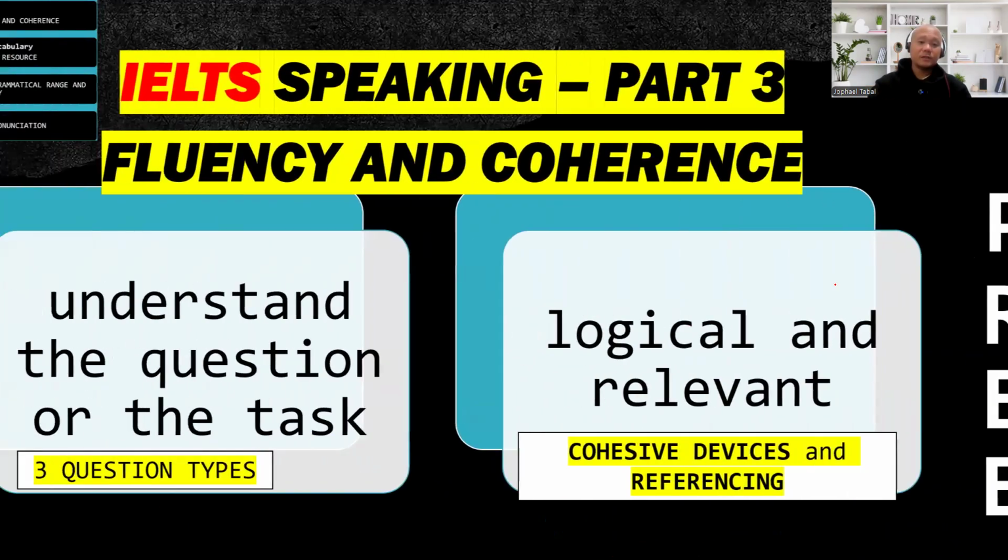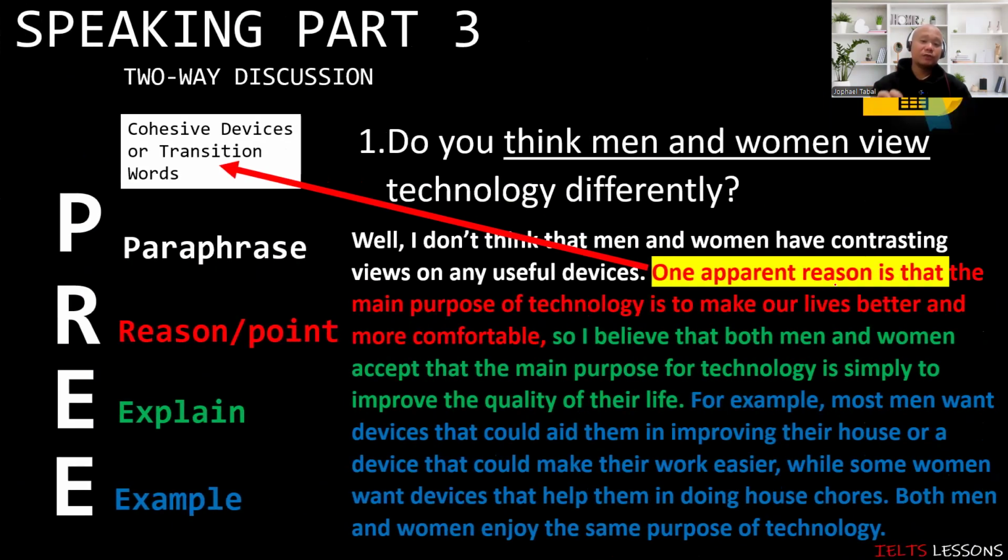As you can see here, to make your answer logical and relevant, one must effectively use transition words, or make the ideas flow smoothly and coherently. For example, here we have "one apparent reason."